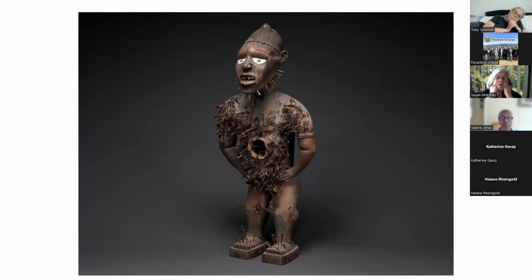Now, what about all those things sticking out of the body? Maybe they hold leaves, palm leaves? Nope, but keep guessing. I love it.